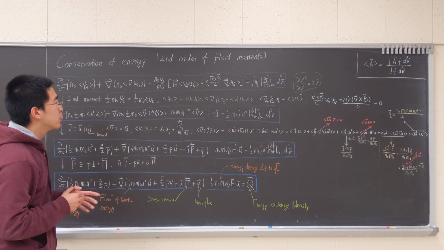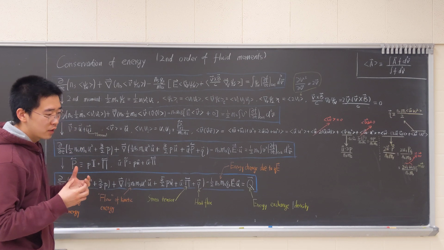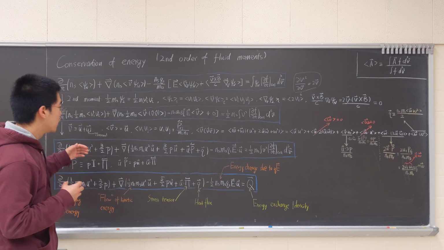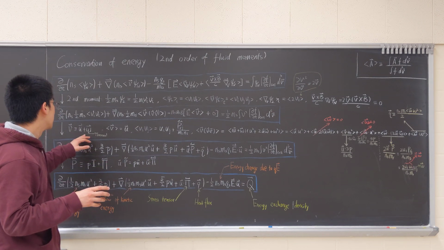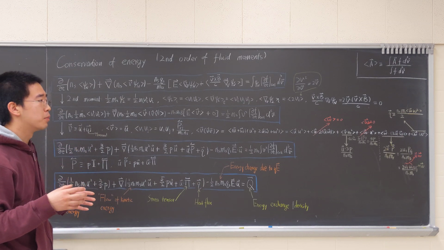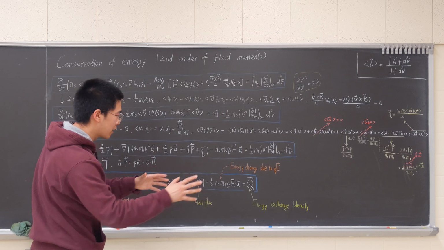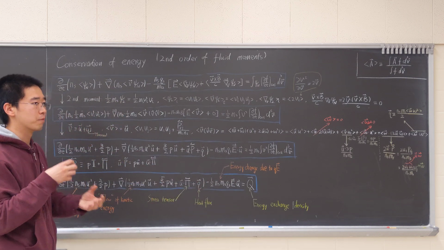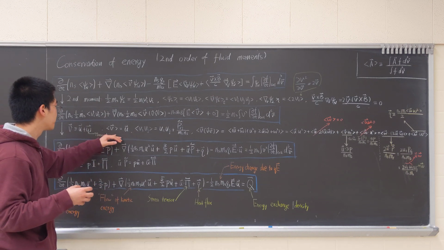So from the previous video, we see that we define the velocity as the overall motion term and a thermal motion term. So U is like all moving together, and W is like the random motion around it, like a thermal motion.